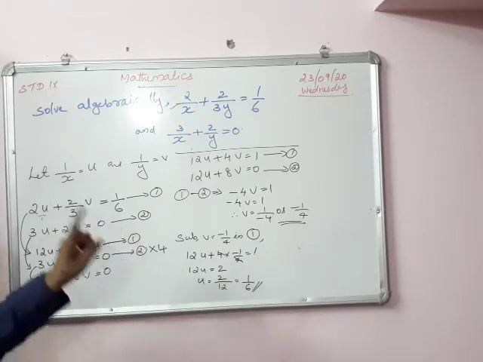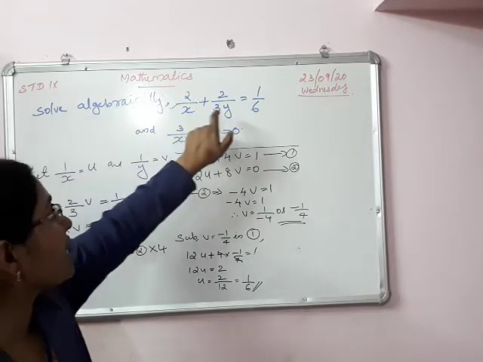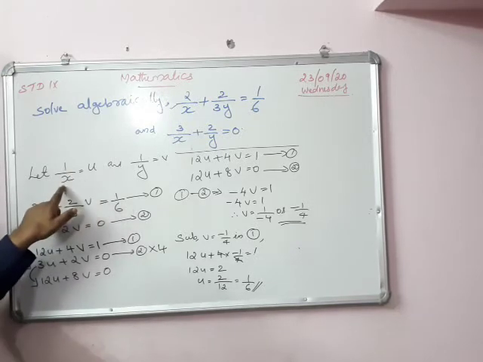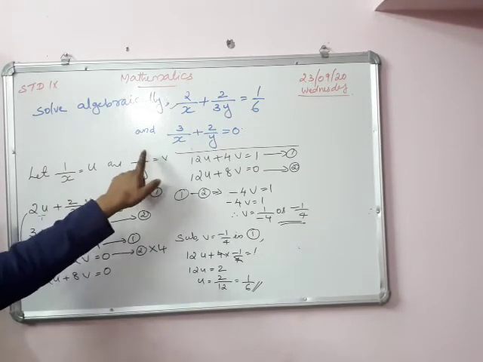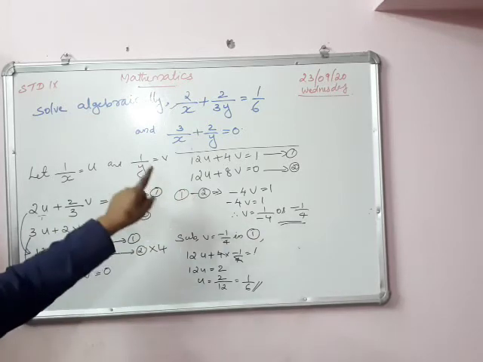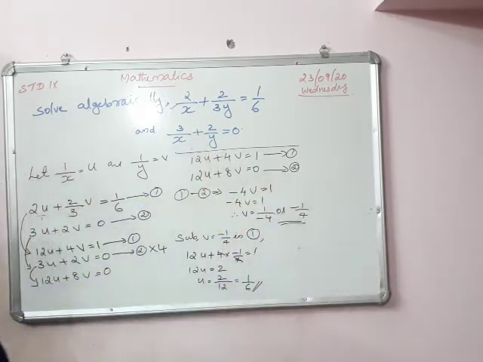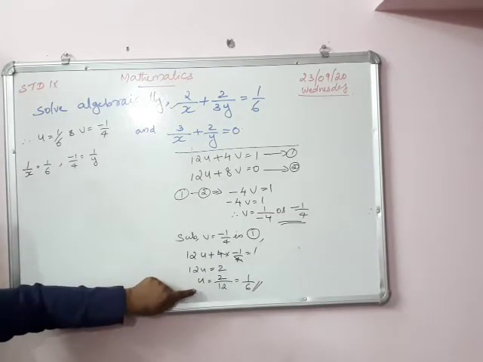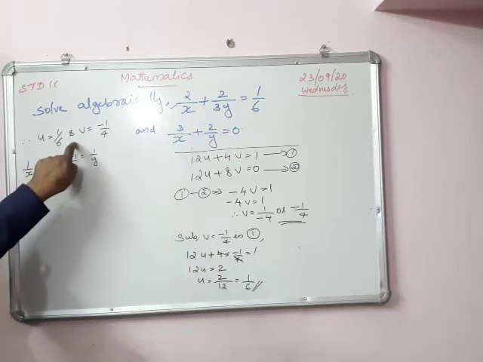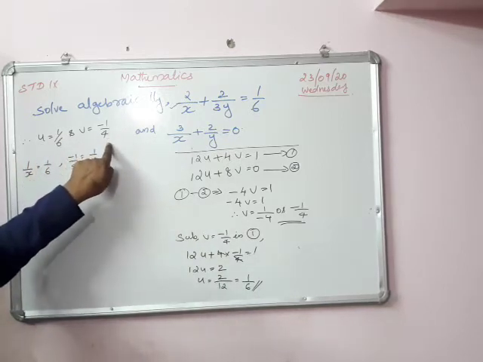But our question is to find the value of x and y. We already took u is equal to 1 by x and v is equal to 1 by y, so we need the reciprocal form. Listen: u is equal to 1 by 6 and v is equal to minus 1 by 4.